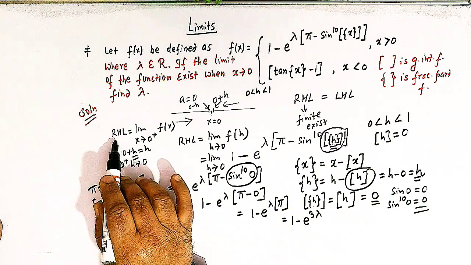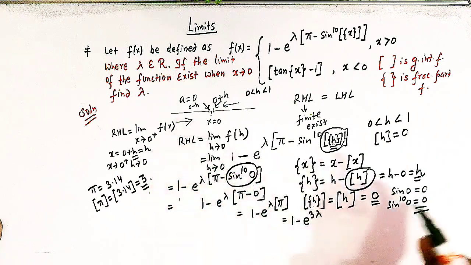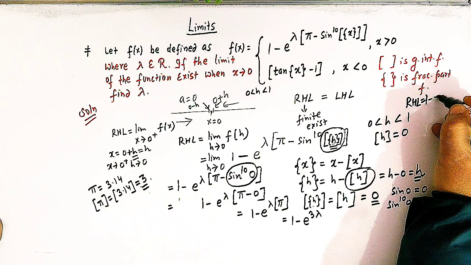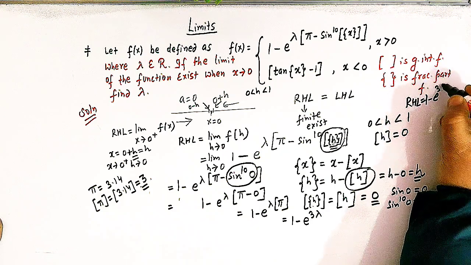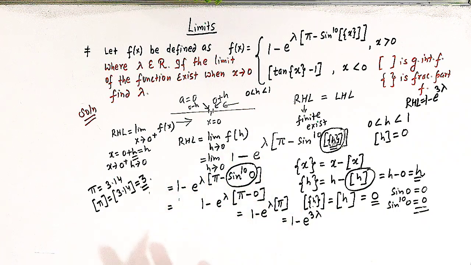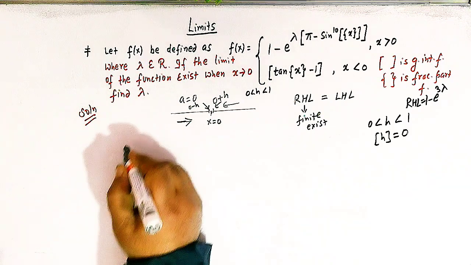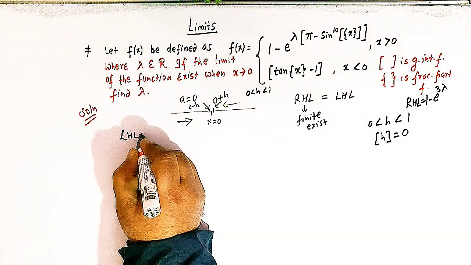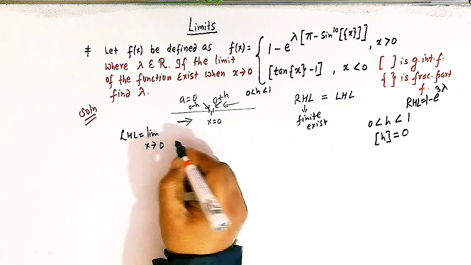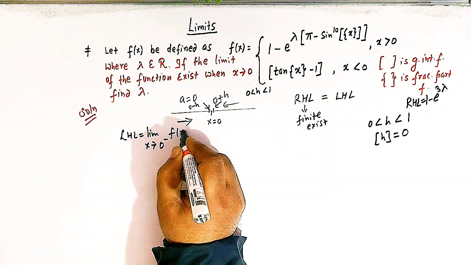So the right hand limit of this function when x approaches 0 is given by 1 minus e raised to 3 times lambda. So now let us find out the left hand limit. The notation for the left hand limit is limit x tends to 0, with a negative sign over here, then f of x.